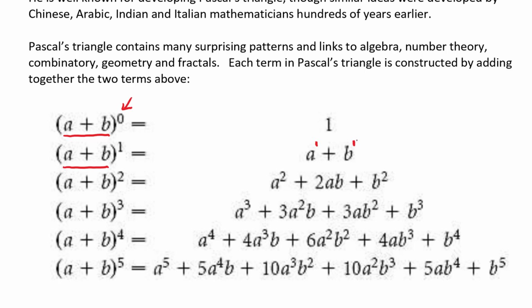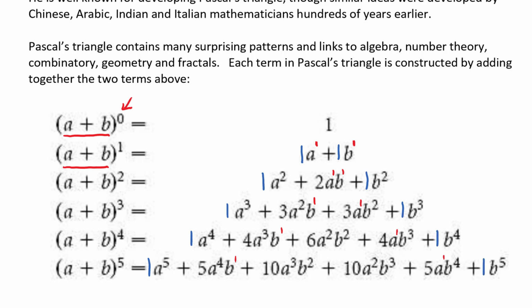We have to the 2, we have to the 3, 4, and 5. I'm going to put in the exponents here. And I'm going to put in the coefficients that you don't see. There's a 1 there, a 1, a 1, a 1, and so on.